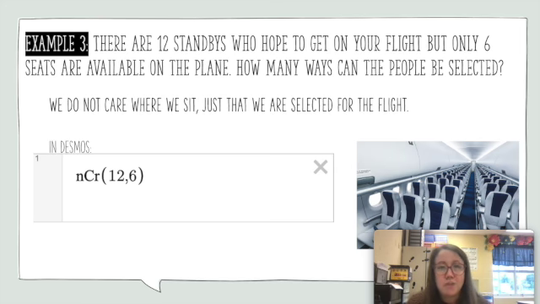I skipped the algebra this time. You get the idea. Type it in Desmos, 12,6, for 924 different combinations. So another one that gets big quick. Not as quick as permutations, but still, I don't want to make a list of 924 combinations. And I'm sure you wouldn't either.